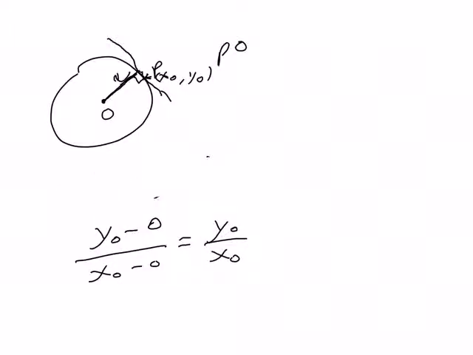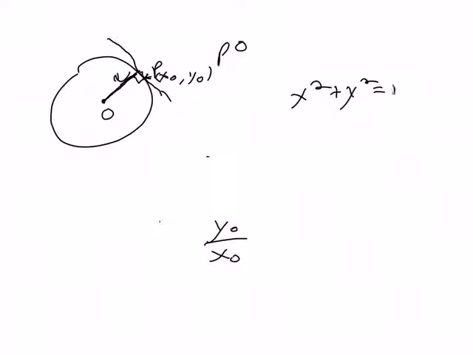So that's going to be the slope of the radius. And the circle itself, we have x squared plus y squared is equal to r squared. So using implicit differentiation, the slope of PO, we said, is equal to y0 over x0, right?